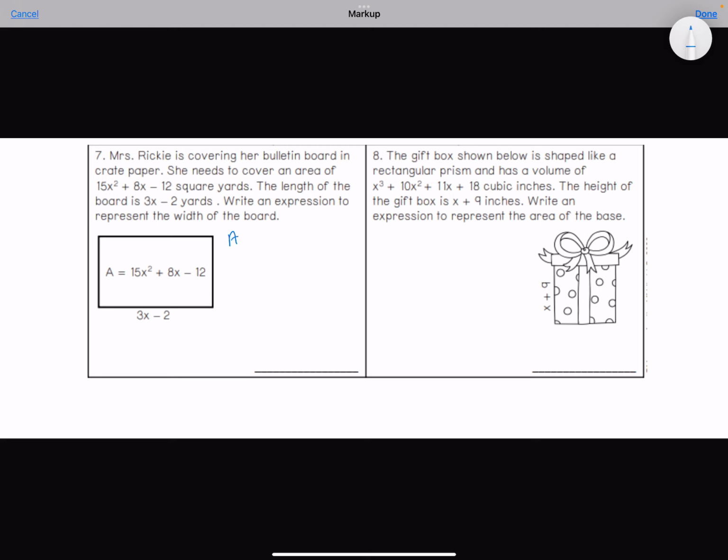So its area is base times height. They gave me my area is 8x minus 12 equals, they gave me my base was 3x minus 2, and I'm finding the height or the width. So just like you did when you were doing this in earlier grades, I'm going to divide by 3x minus 2.